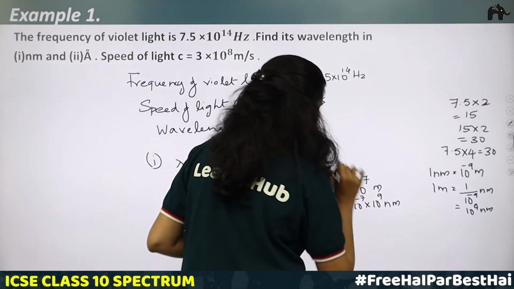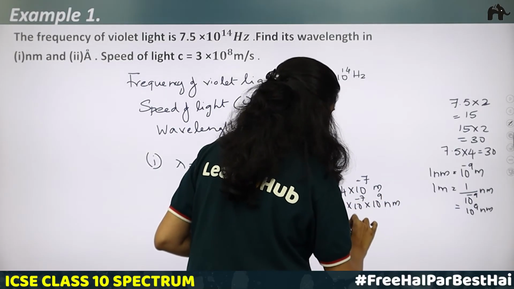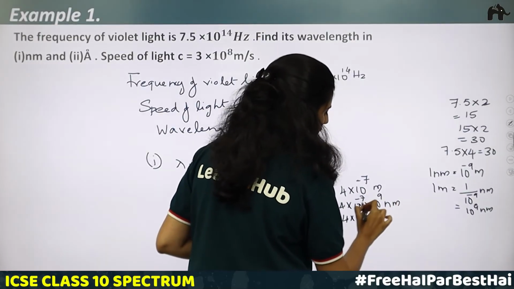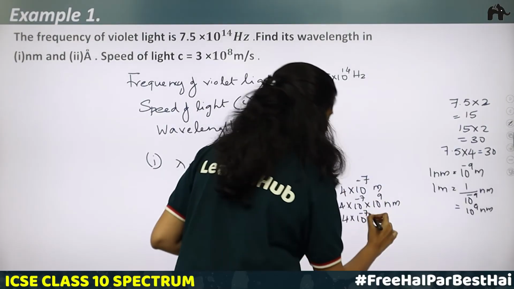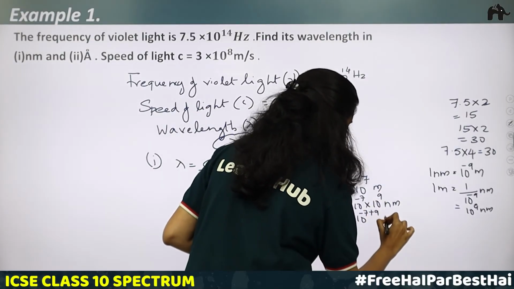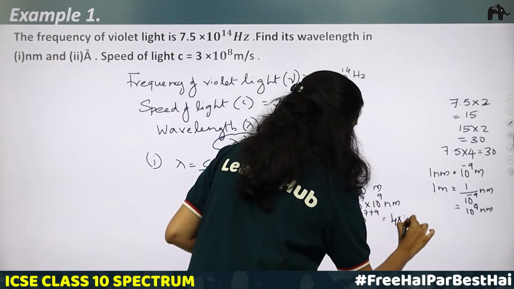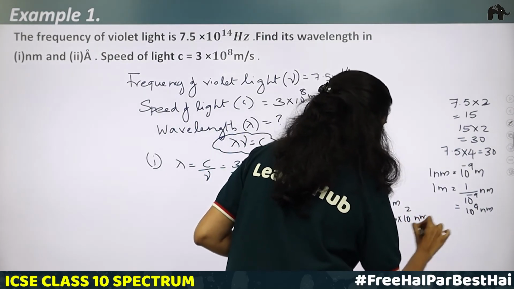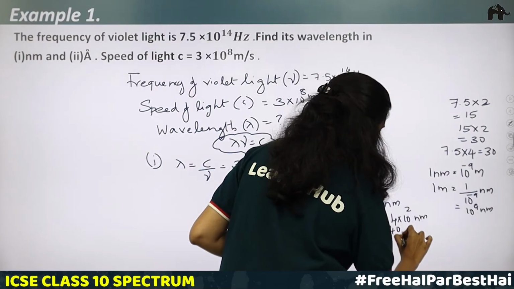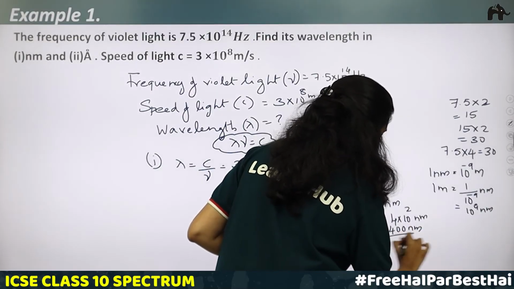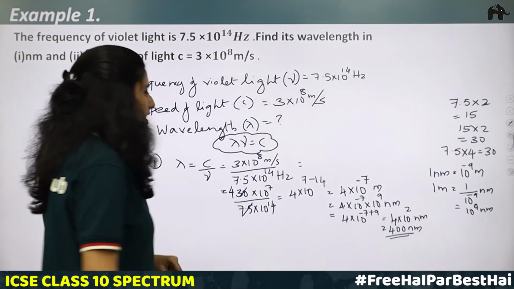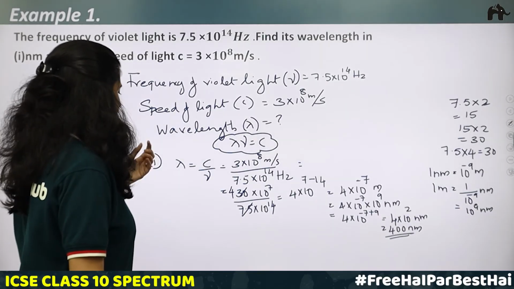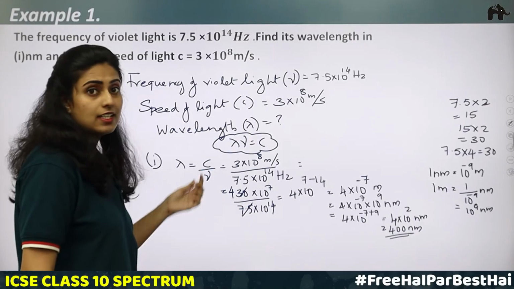Here it is multiplication, so the powers we will be adding. Minus 7 plus 9, that is 4 into 10 raised to 2 nanometers. That is 400 nanometers. Clear?